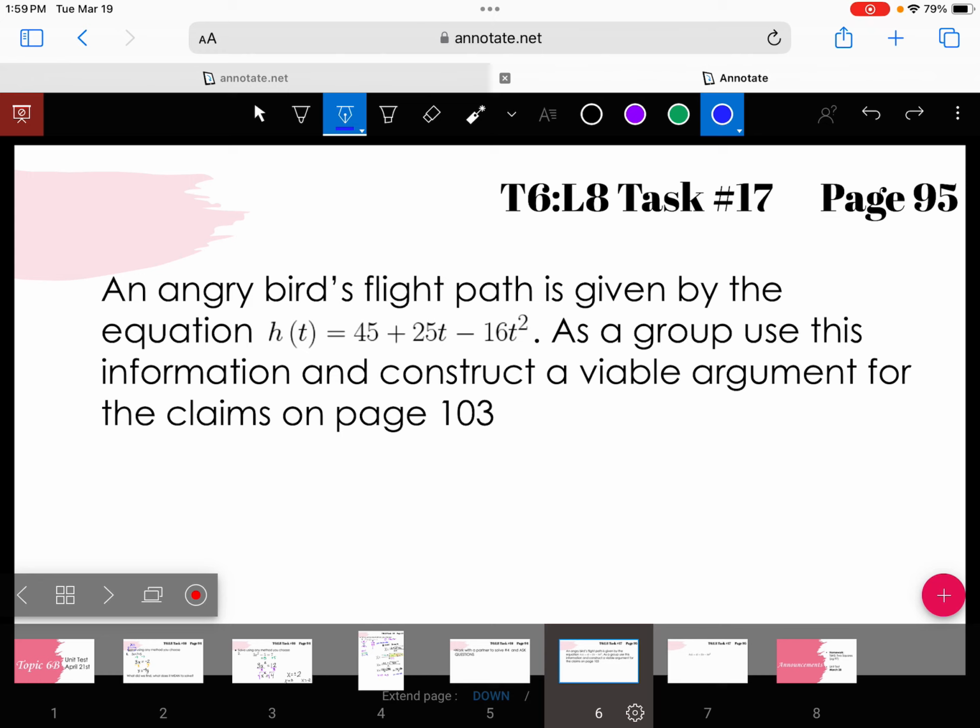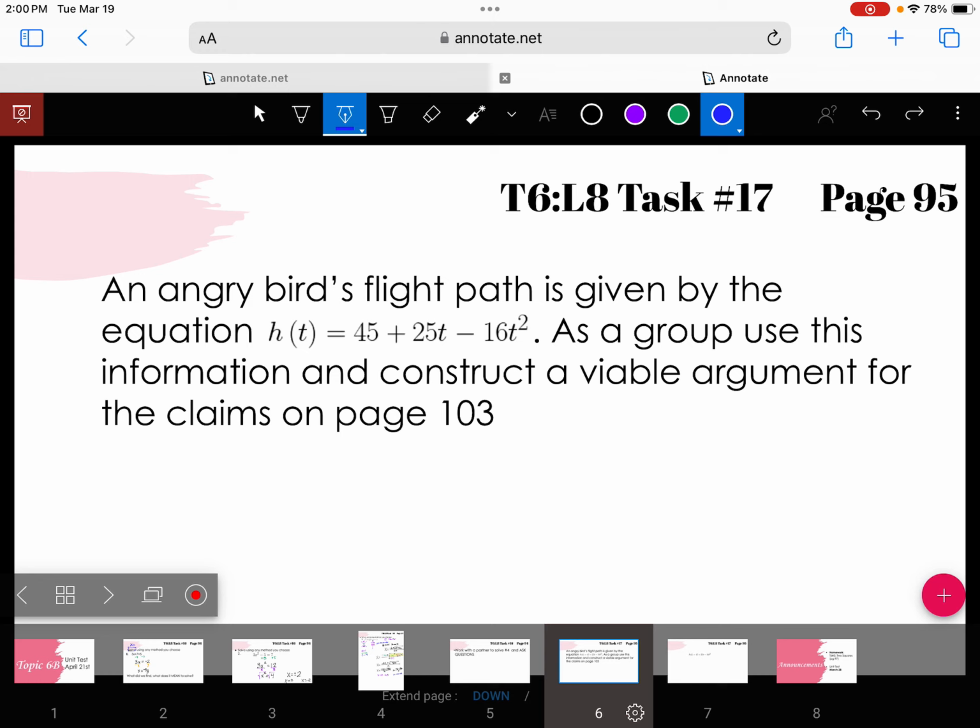I think they wrote this book when Angry Birds was super popular because they are obsessed. There are so many Angry Bird examples in this book. It's crazy. So they've given us an equation for an Angry Bird, because of course they did. And we want to see if the pigs listed at those heights are going to be hit.